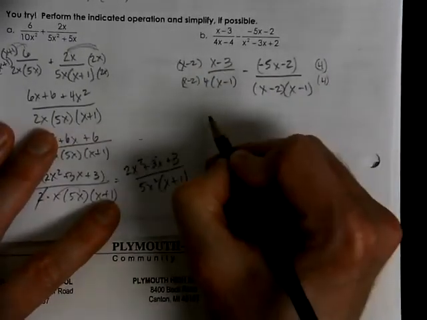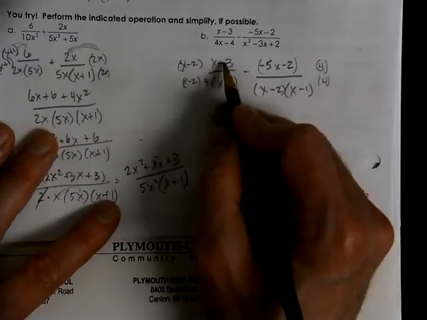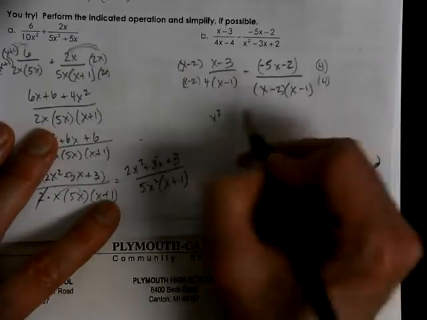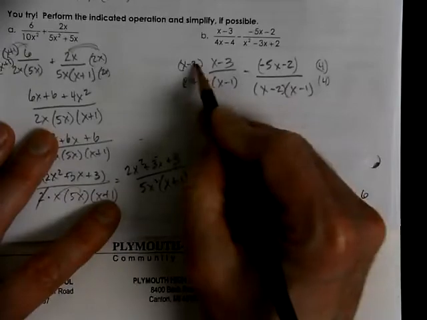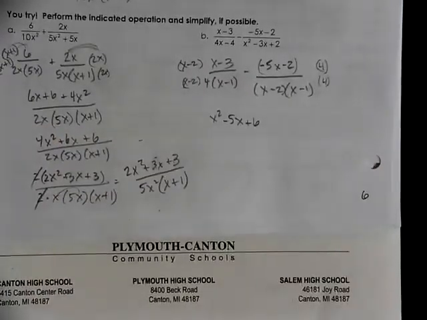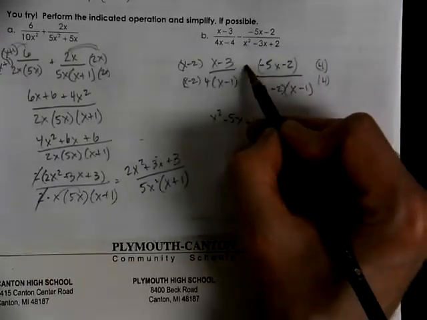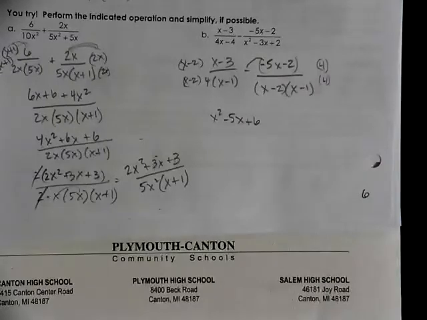So this is going to give us x squared minus 3 and minus 2 is a negative 5 plus 6. Now this is where it gets tricky. You've got to distribute the negative. I'm kind of doing 2 steps in one here.